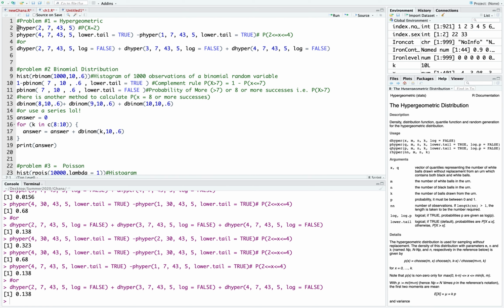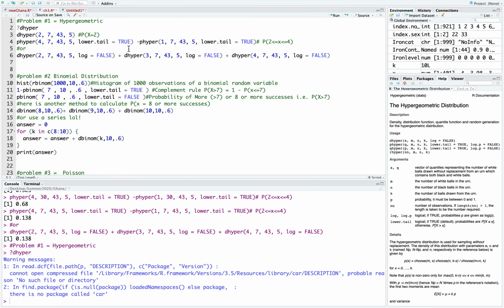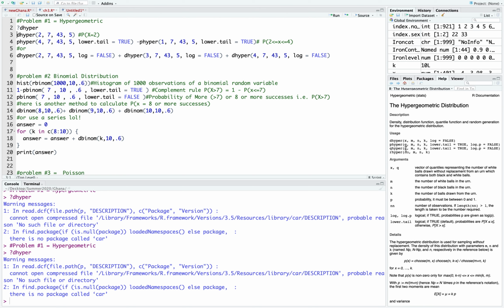That's the sample size. And if you weren't sure how this works, I could type d hyper, and you'll get all the information. I had a spelling mistake, so it comes up, all the information comes up right here on the commands on how to use it.